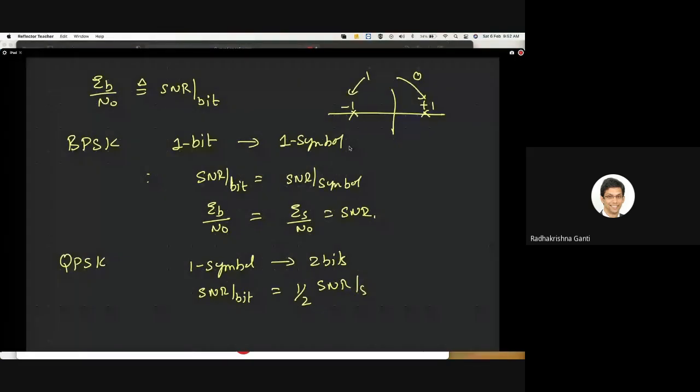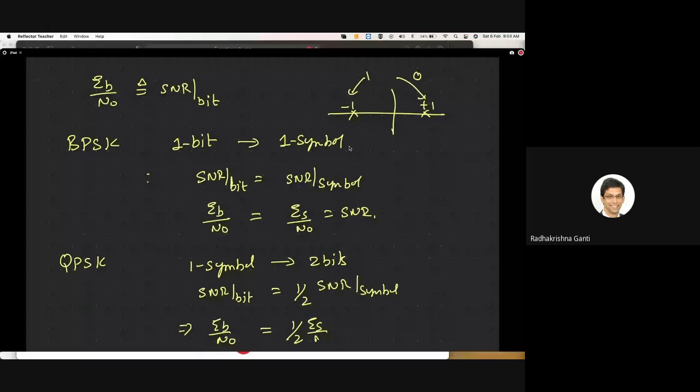It implies EB by N0 will be equal to half times ES by N0. Agreed? Because each symbol has 2 bits. If you divide the power between the 2 bits equally, which is the case, these 2 bits will have half the power and therefore half the SNR.